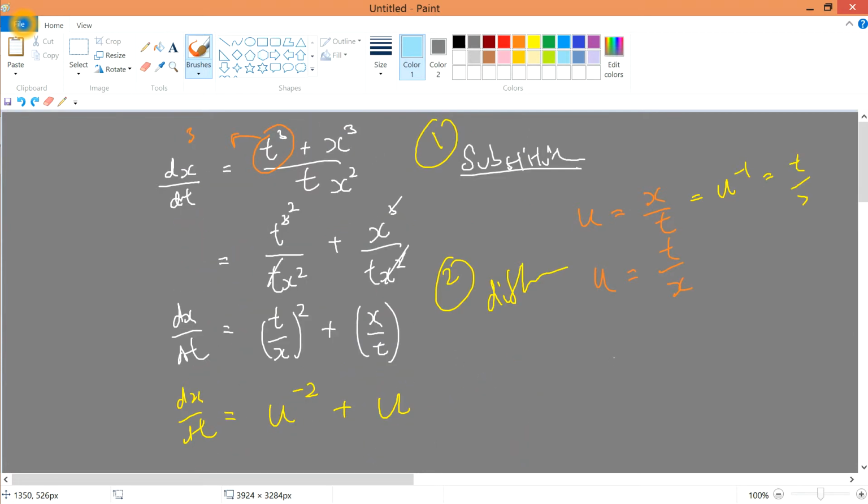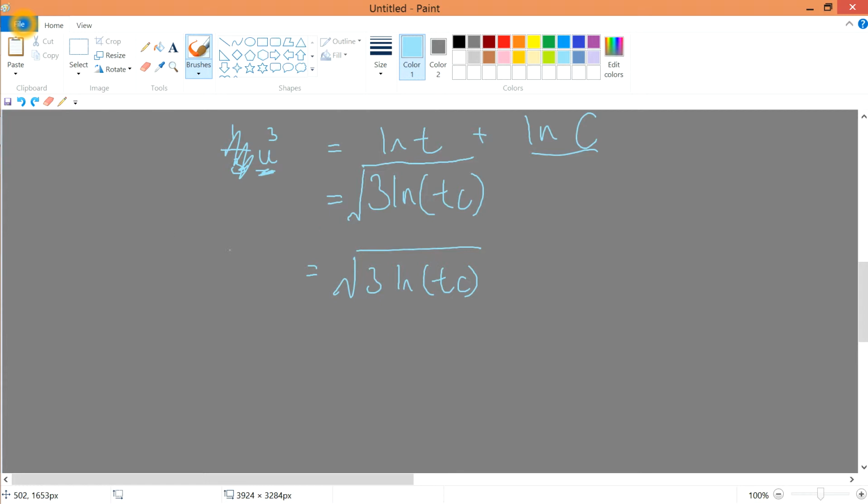What is u? u is equal to x over t, right? This is what we have just done earlier. Just replace it as x over t. I repeat again, please remember to substitute in.